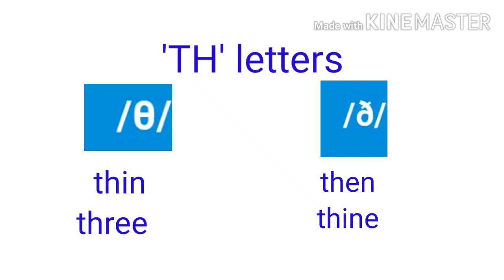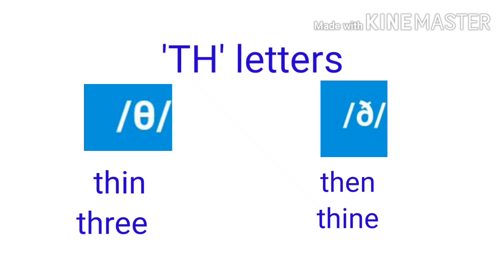So the tip I'm going to give you is to place the voiceless th on TH that Africans pronounce as t, and place the voiced one on TH that Africans pronounce as d.